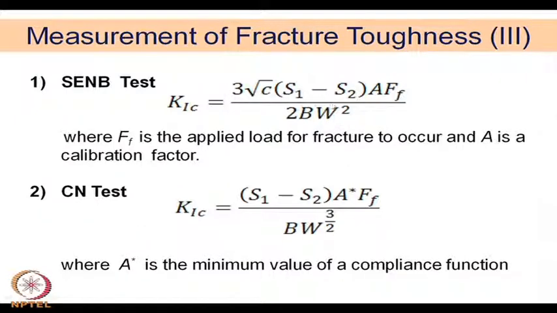So, here it is (S1 minus S2) A F_F over B W squared, where F_F is the applied load for fracture to occur and A is a calibration factor. Okay. So, A is a calibration factor, F_F is the load at which the fracture takes place, and B and W are the dimensions of the specimen.